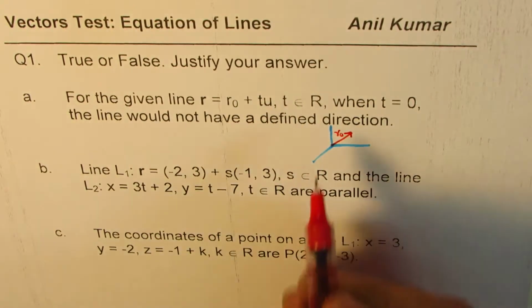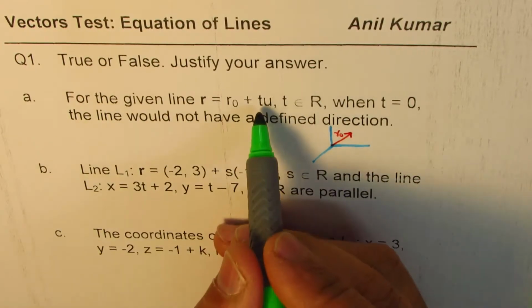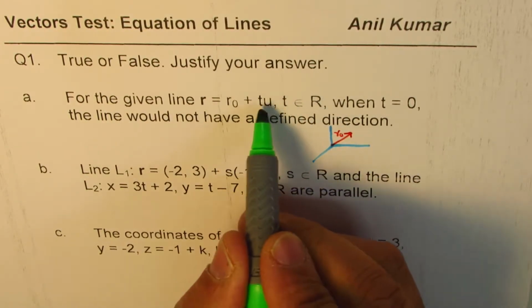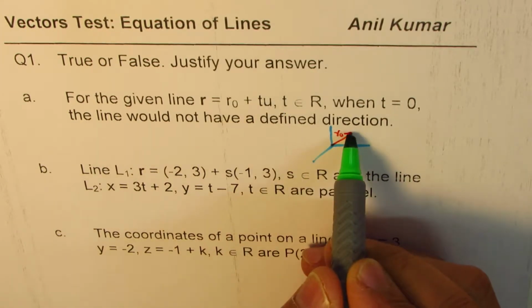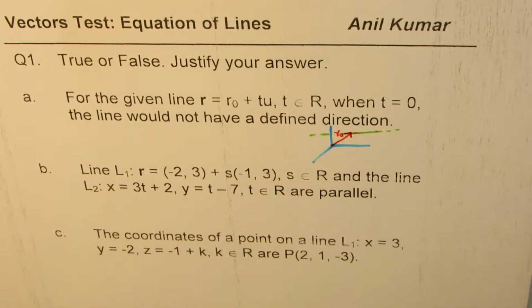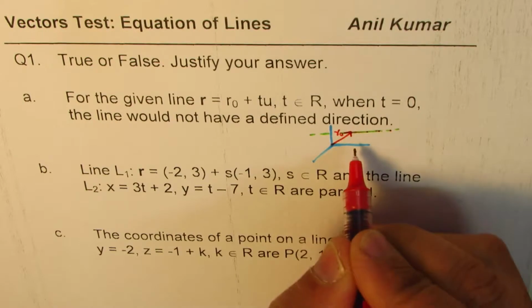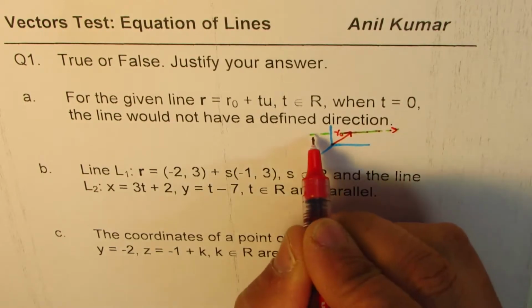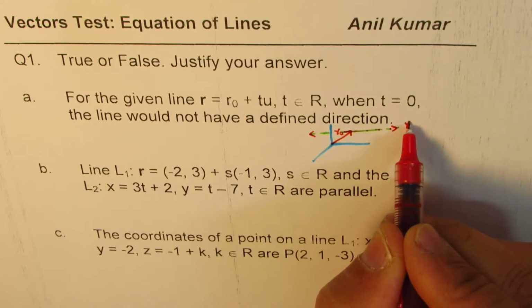From here we give you a direction. Since t could have all real numbers, it's a scalar multiple in this direction u, so that gives you a line like this. Every value of t will give you some point on this line, and therefore it defines a line. That's how you define the line r.